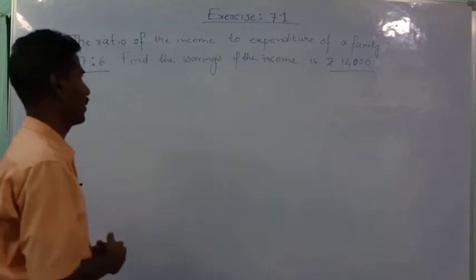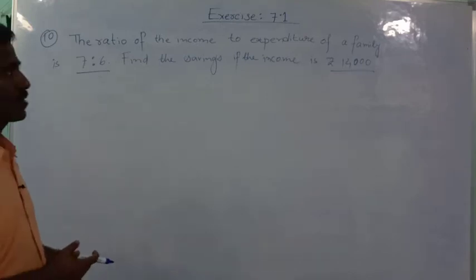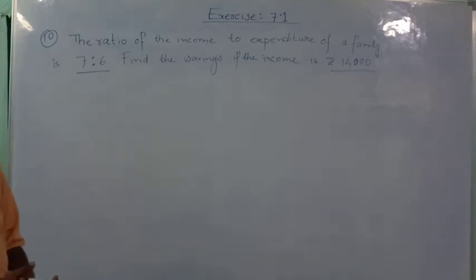But you have to find the savings. Here the ratio of savings is not given, the ratio given is income to expenditure. So in order to know the savings, first of all you should know the income and expenditure.